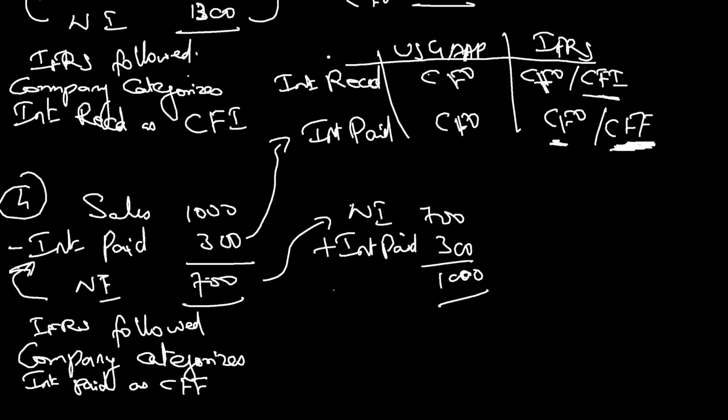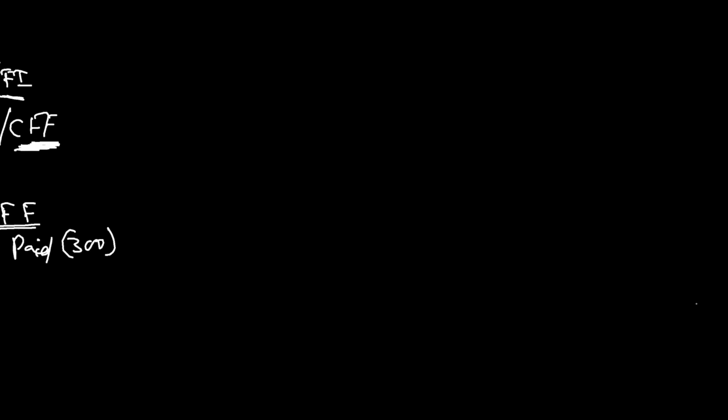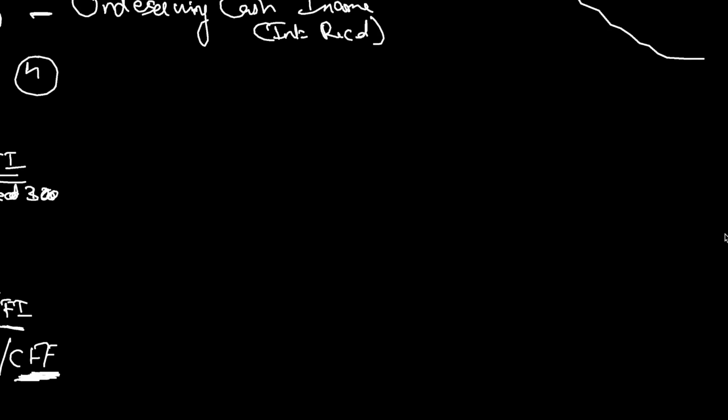So this is my cash flow from operations. And I can open another account as CFF, where I will show interest paid negative 300.